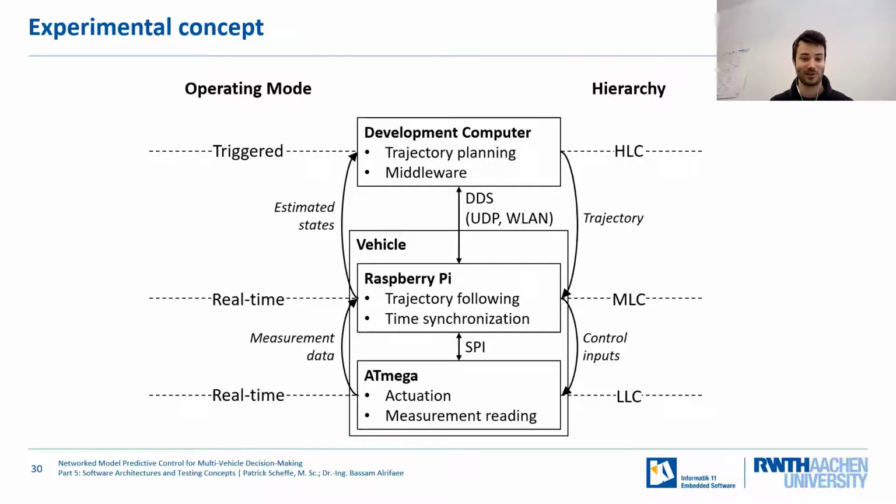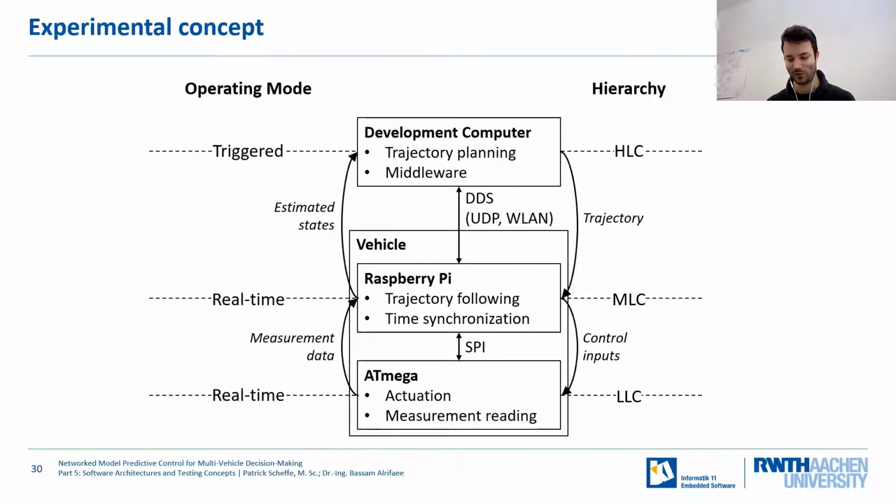The development computer is running in the triggered mode. So whenever it receives new information, it just starts to compute and does the best it can. The idea behind this is that you just want to test your algorithm. You don't want to worry about all this synchronization stuff.